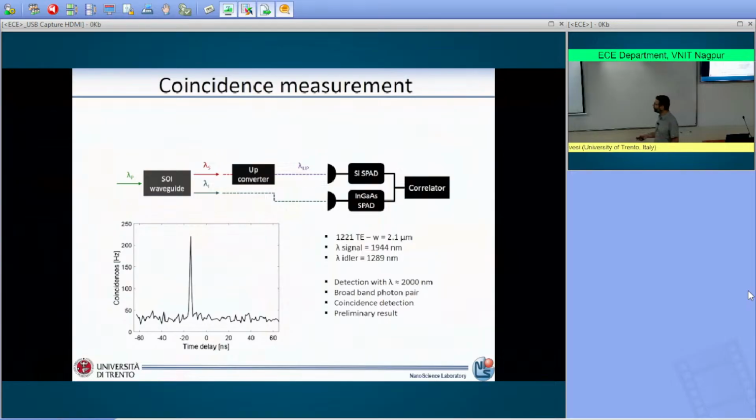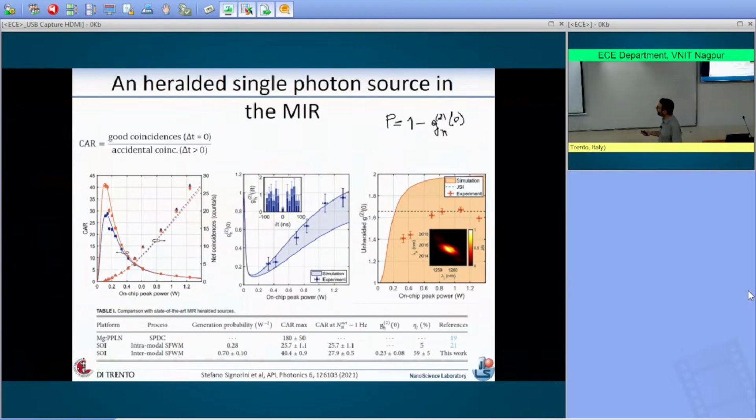Now we use our source in order to herald single photons. To do that, we characterize the characteristics of the source, and then we compare our source with other sources that have been published in the literature. What we obtained was a source with very good characteristics in terms of the probability of generation.